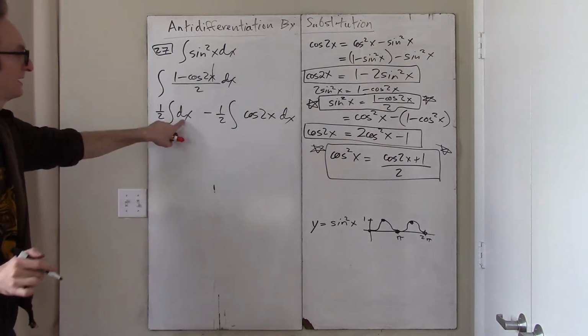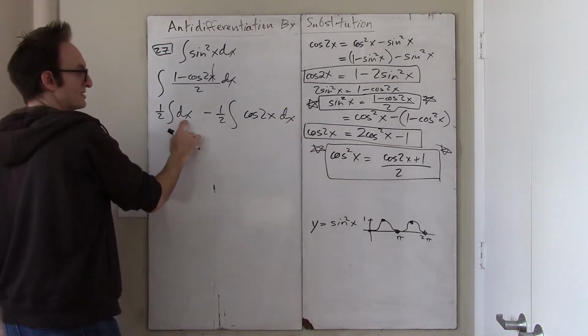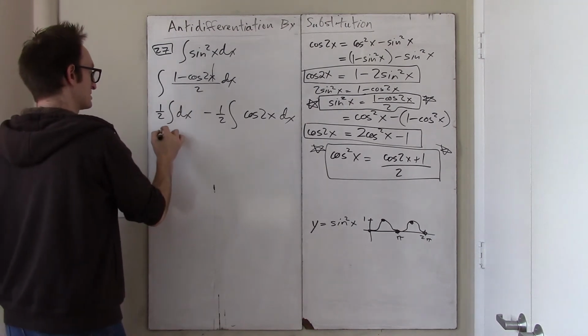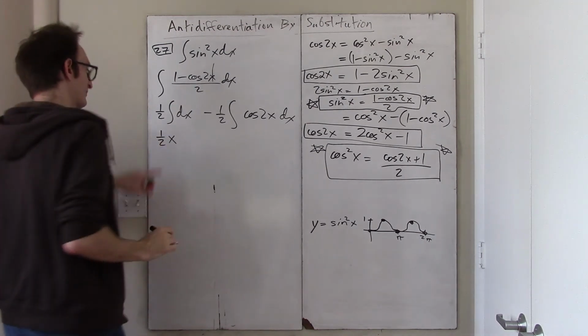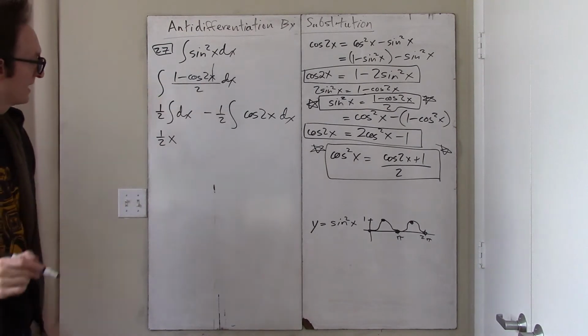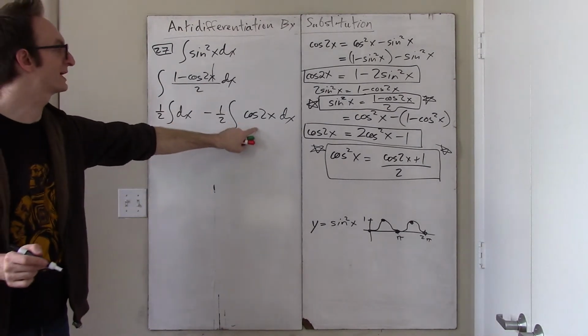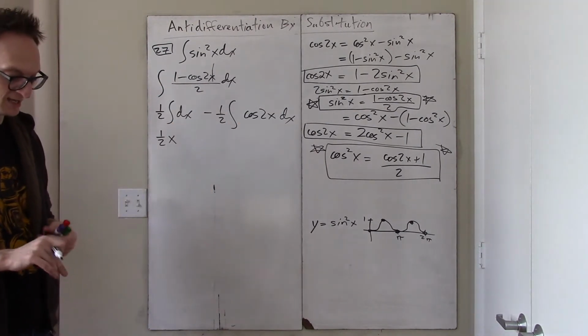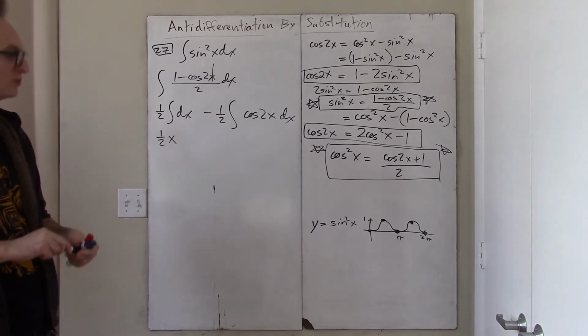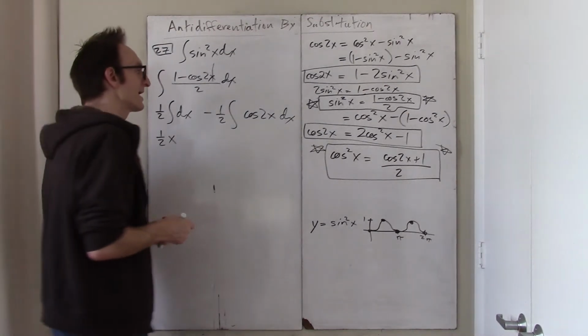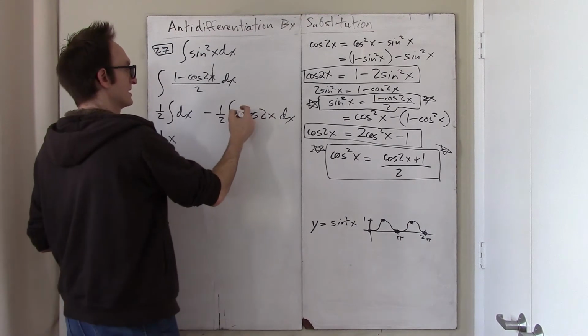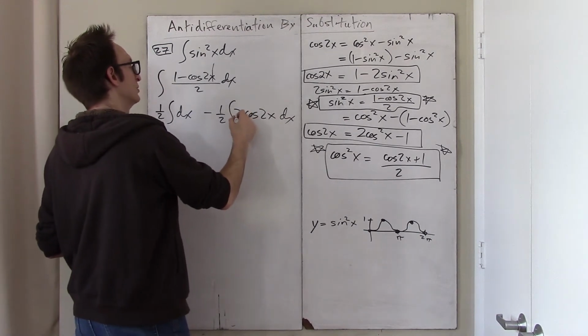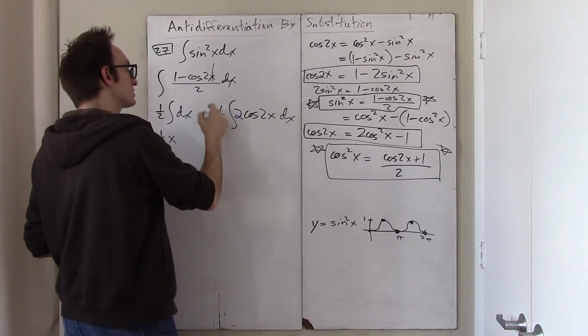One thing has an antiderivative of 1, just 1/2 x, right? When you differentiate 1/2 x, you just get 1/2. And then what do we do over here? Well, I will confess that even I will sometimes just stick in the 2 and undo the damage with an additional 1/2.